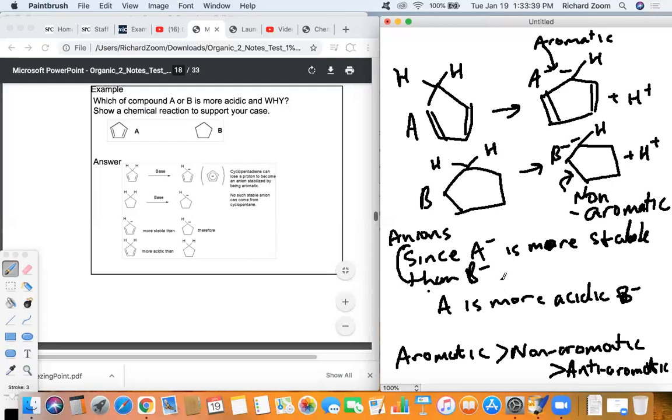Does anybody have any questions? Should it say then, since A minus is more stable than B minus, then A is more acidic than B? Yeah, sorry. I didn't mean to write the B minus there. I actually remember from Orgo 1, yes. You're right. It should be A is more acidic than B. You're right. Thank you.